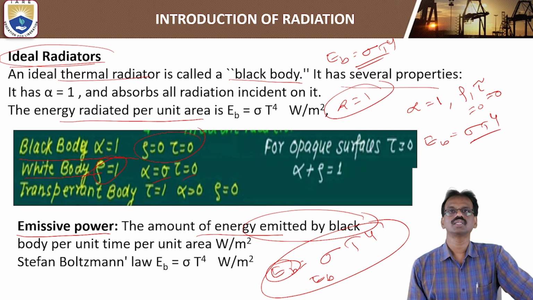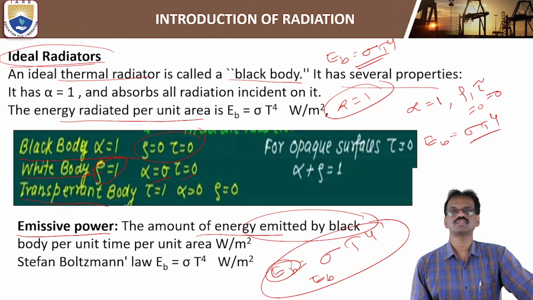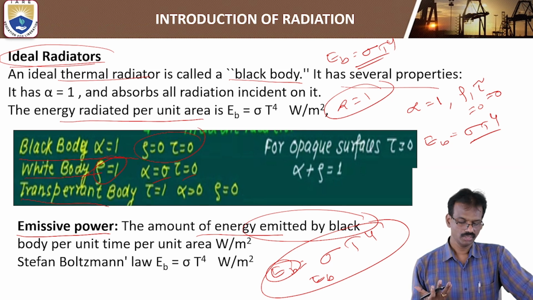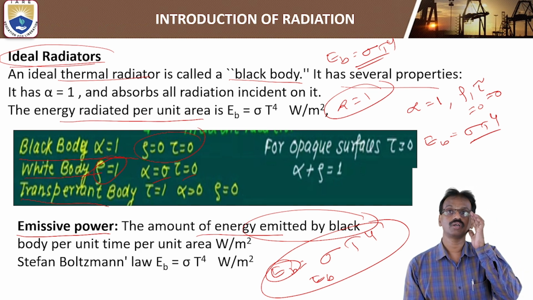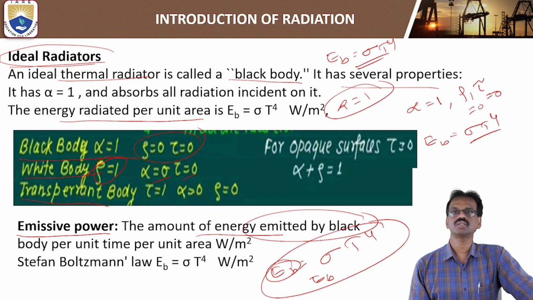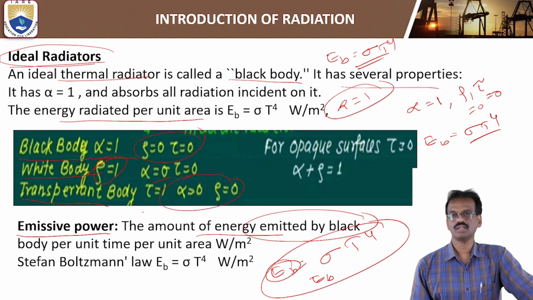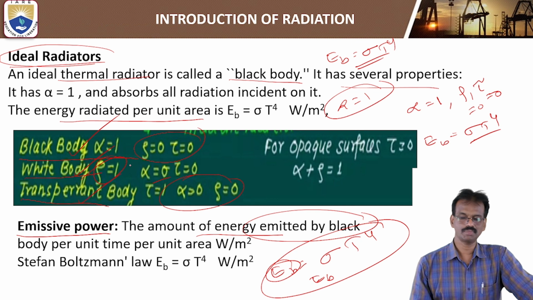So if rho is equal to 1, we can say that it is a white body. In transparent bodies, like glass, the total energy is transmitted, so tau is equal to 1, alpha is equal to 0 and rho is equal to 0. So we can classify bodies into three types: black body, white body, and transparent bodies.